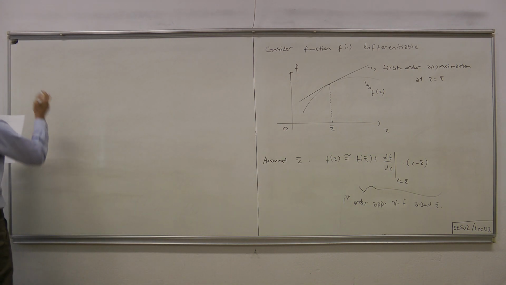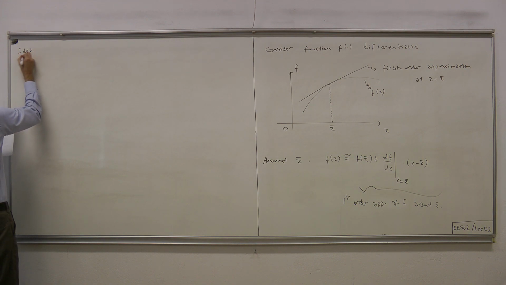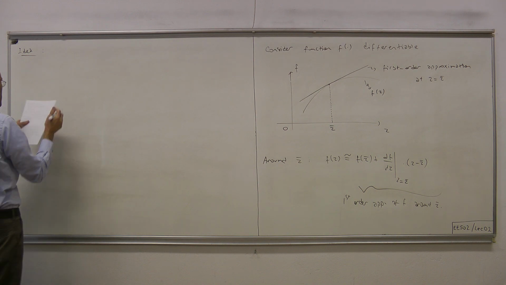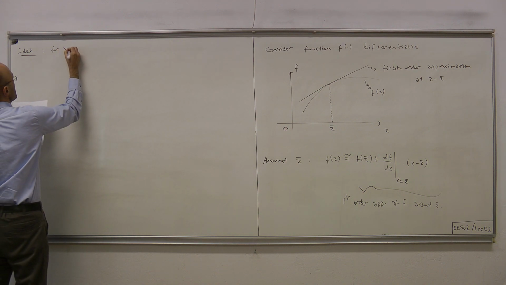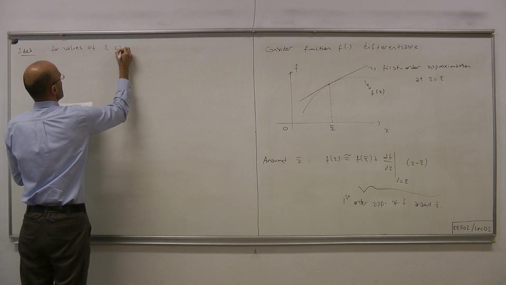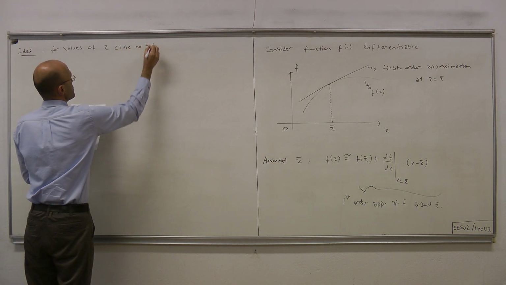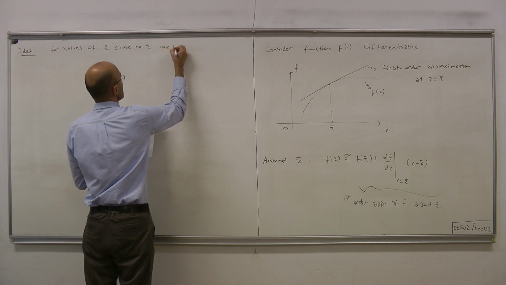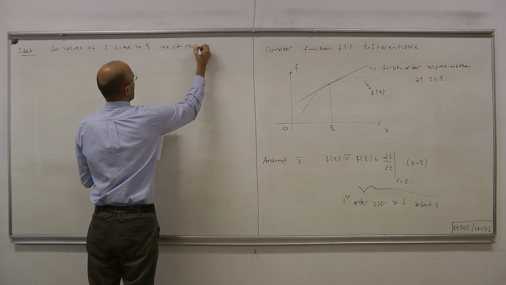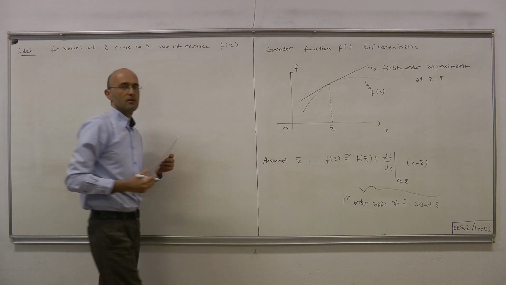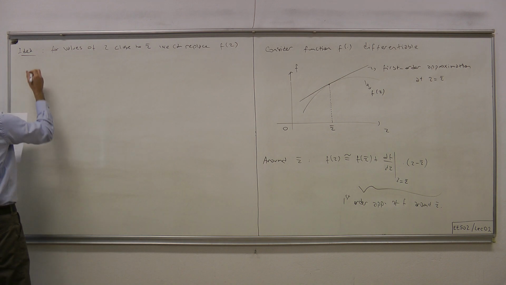Okay, and this is the idea. And this is what the idea is based on, basically. For values of z close to z bar, we can replace f of z with this approximation.